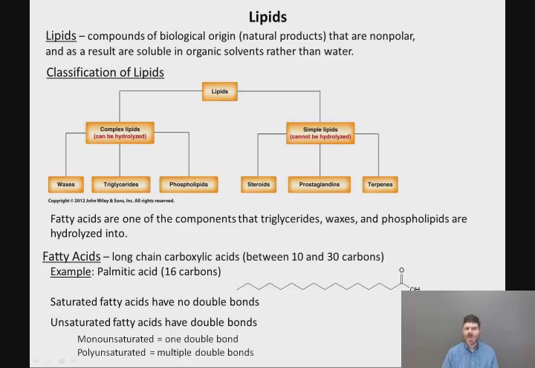Unsaturated fatty acids, on the other hand, have double bonds, so they are not saturated in hydrogen. Every double bond reduces the number of hydrogens by 2. Monounsaturated fatty acids have one double bond, and polyunsaturated fatty acids have multiple double bonds.